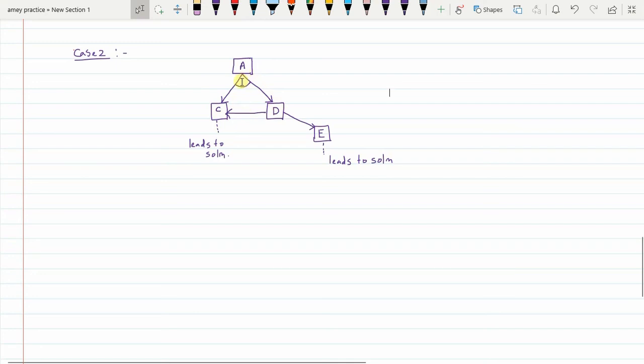But the algorithm considers the solution of D as a completely separate process from the solution of C. Why? Because if you consider D onwards, then it's an OR graph. That means from D, either you can take only this path or you can take only this path. So from D onwards, it's an OR graph, correct? But if you see from here, in order to solve the main goal A, C also has to be solved and D also has to be solved. That means the algorithm should include this solution as well as this solution.